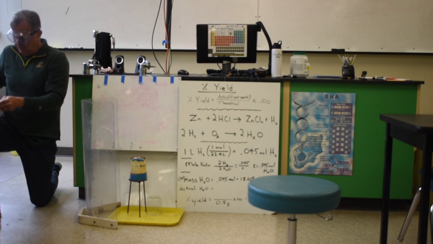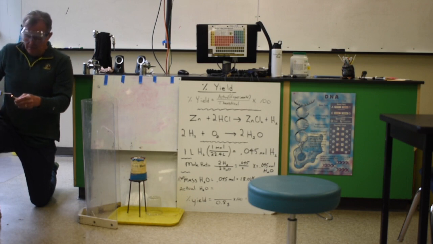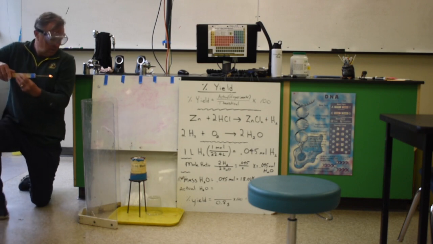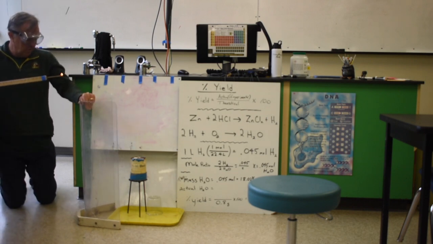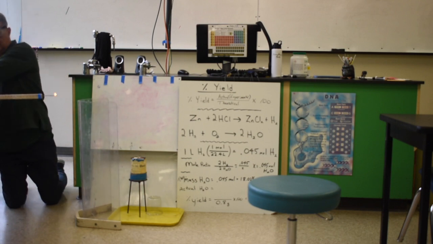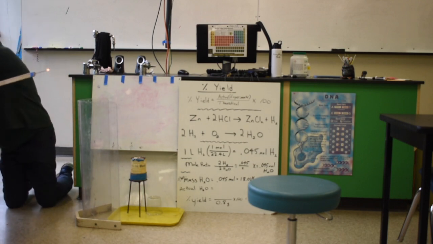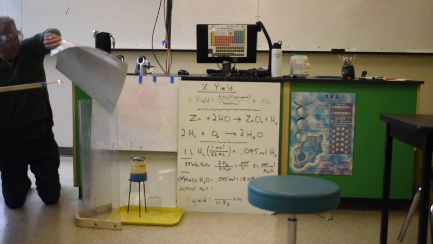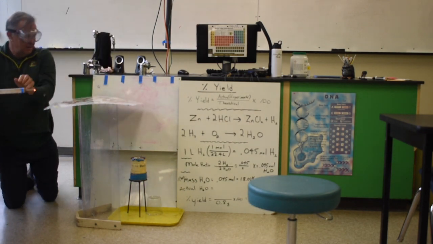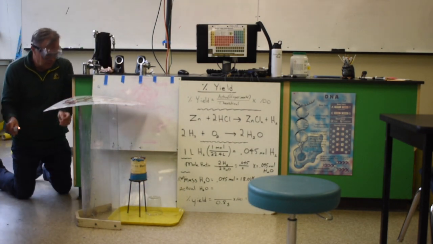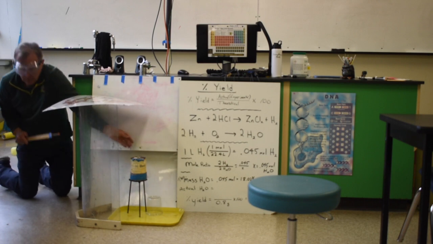Get this lit. I don't know if you can see me, probably off camera, but there we go. Right now. Now, what can happen here is I can get kind of an explosion. I want to make sure that I don't put a hole in the ceiling. Oh, crumb.